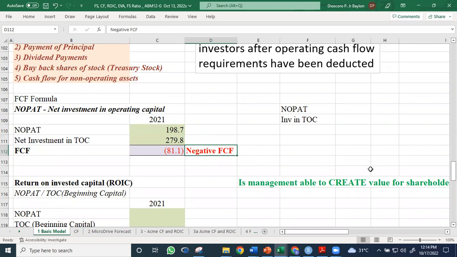So, in this instance, yung negative free cash flow natin is not necessarily bad. Bakit? Kasi kailangan talaga ng company mag-invest sa total operating capital. Kailangan ng company mag-invest sa inventories, sa receivables, sa raw materials, okay? Sa equipment. Kailangan yun. Okay, so the investment in TOC was 279.8. The NOPAT was 198.7.